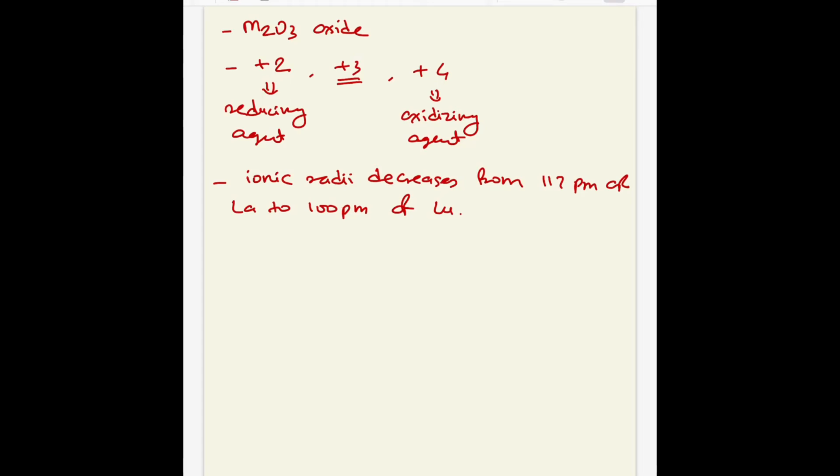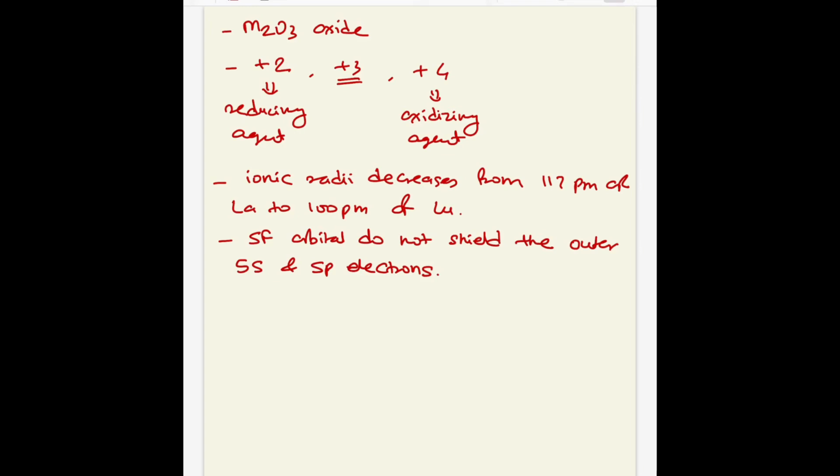This is because the 5f orbitals do not shield the outer 5s and 5p electrons, which increases the effective nuclear charge and decreases the ionic size.